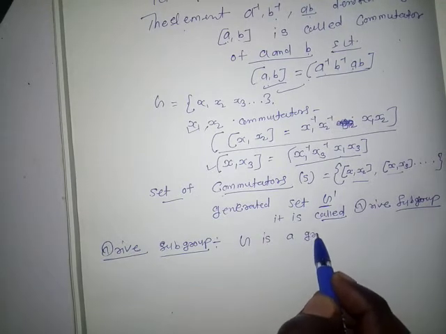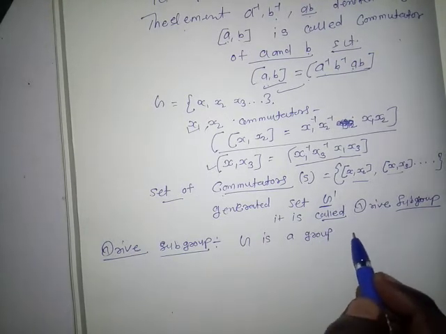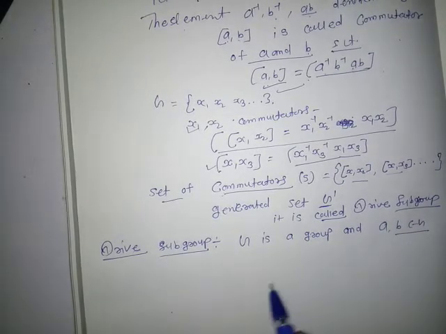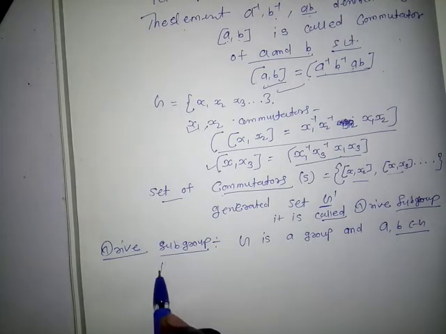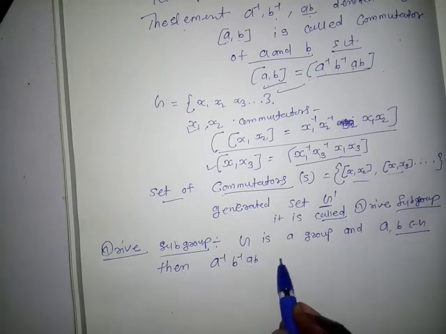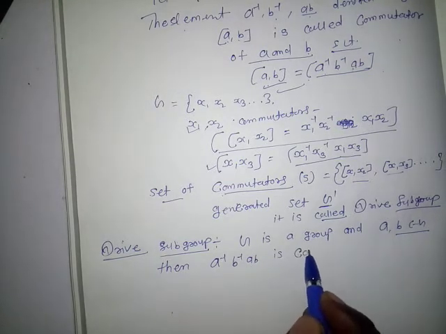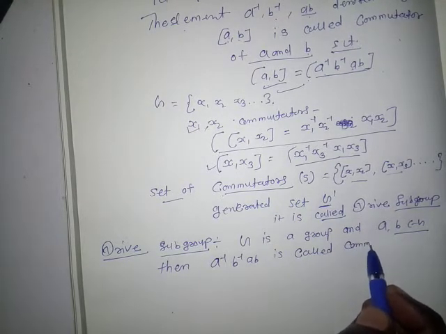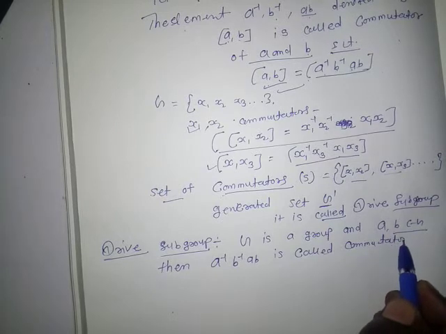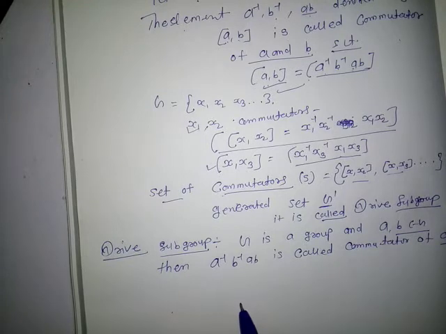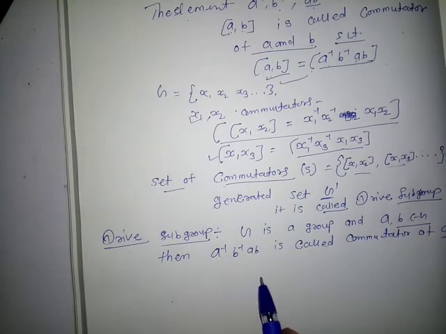G is a group and A and B belong to G, students. Then A inverse B inverse AB is called the commutator of A and B. Okay, let S denote the set of all commutators.